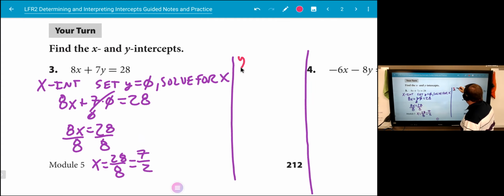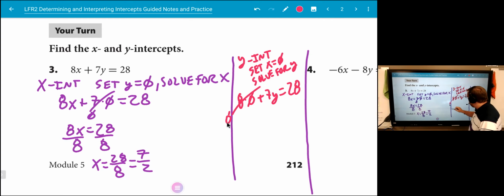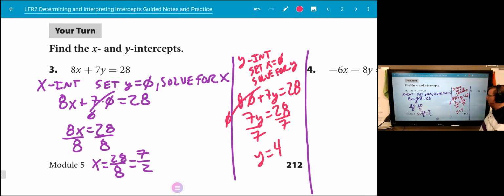To find the y-intercept, I have to do this a little smaller here. Set x equal to 0 and solve for y. So I would have 8 times 0 plus 7y equals 28. 8 times 0 is just 0. I'd have 7y equals 28. Divide both sides by 7, and y equals 4.